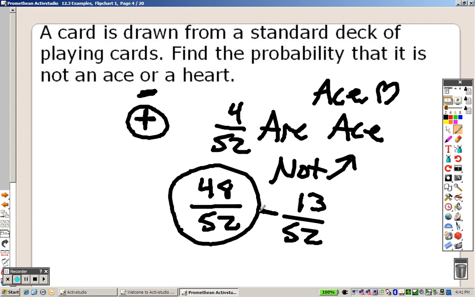So when we add them together, we have to take out what they have in common. Here we have 48 out of 52 plus 13, so it's 61 over 52, which is more than 100%. And you can't have more than 100% when you're doing this, so you can't just add them together and get something higher than 100%.